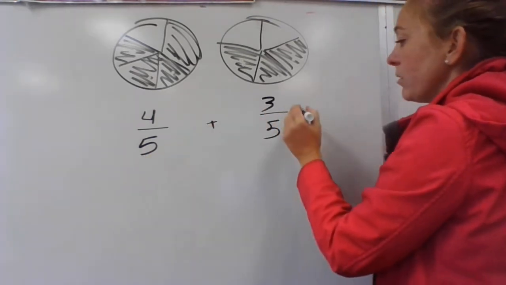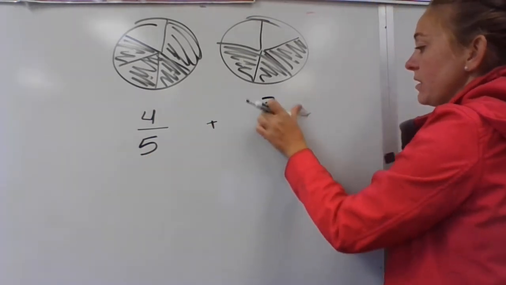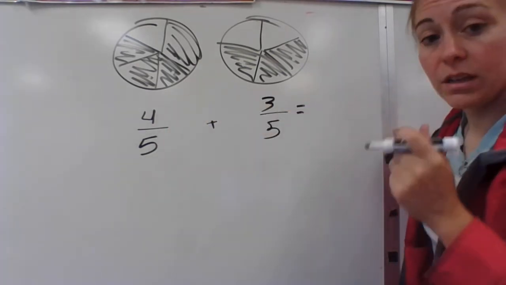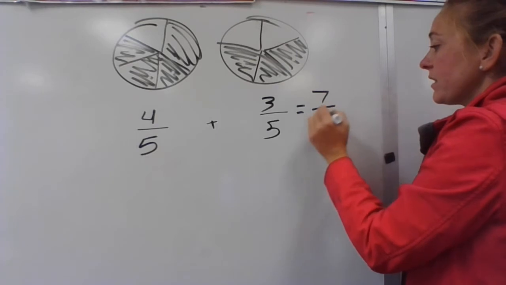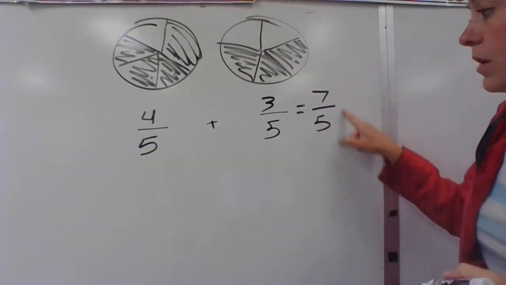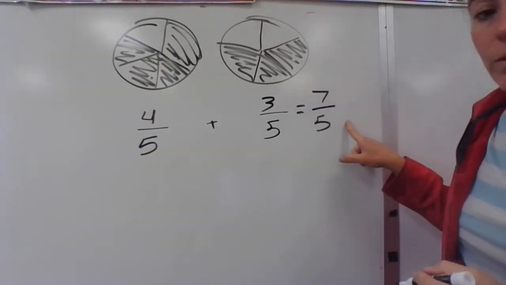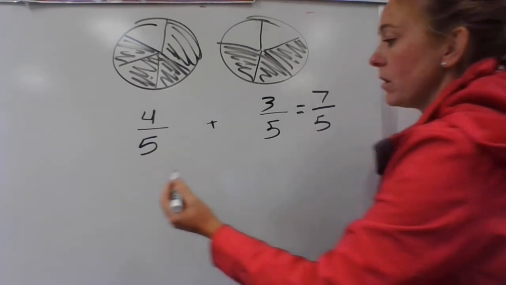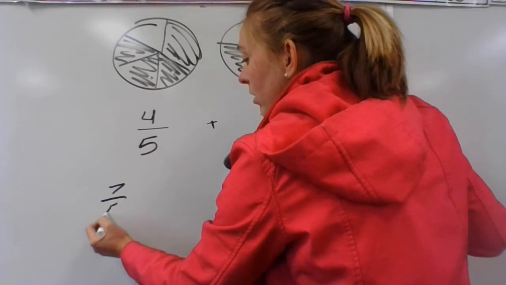Denominators are the same. So we just add, oops, that's not a plus symbol, that's an equal sign. We just add the top. 4 plus 3 is 7. And it stays fifths. This is our improper fraction. We need to go from an improper fraction now to a mixed number. So we could either pull out our whole.